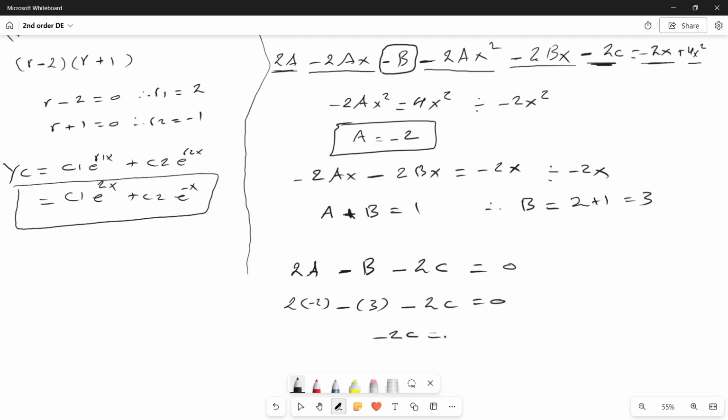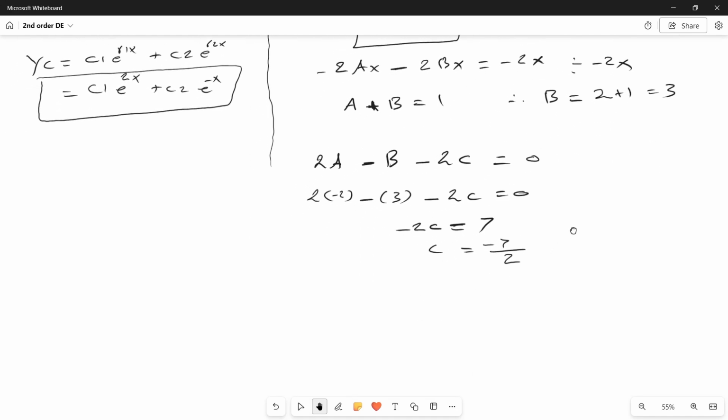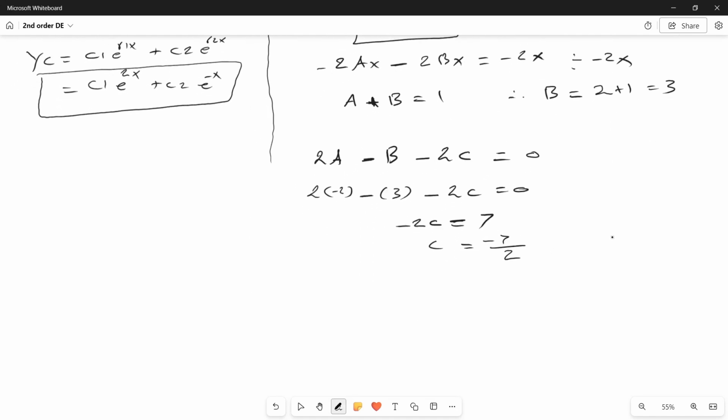Negative 2c is equal to 7. c is equal to negative 7 divided by 2. Now we have the values of all three variables: a is equal to negative 2, b is equal to 3, and c is equal to negative 7 divided by 2.